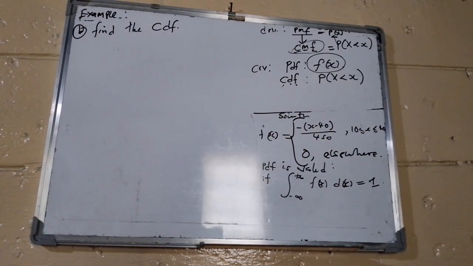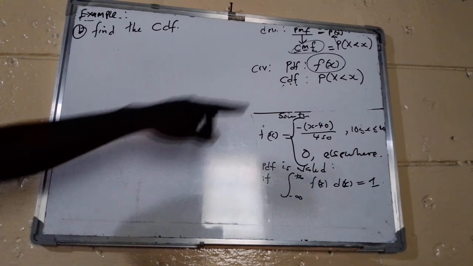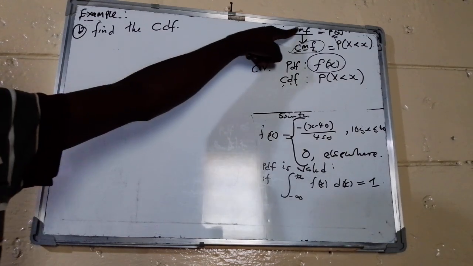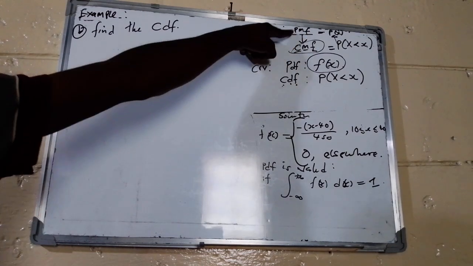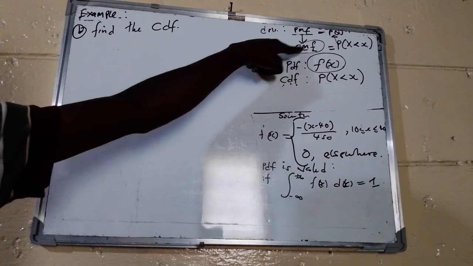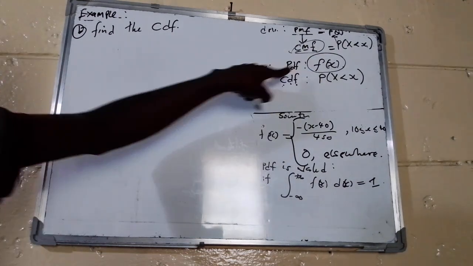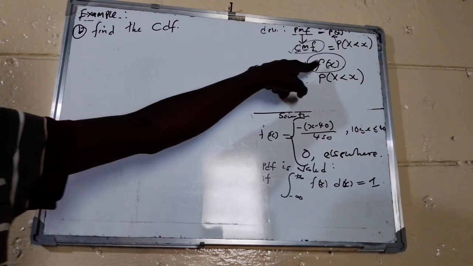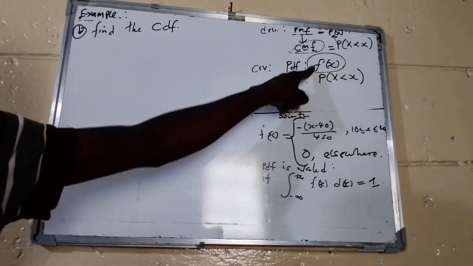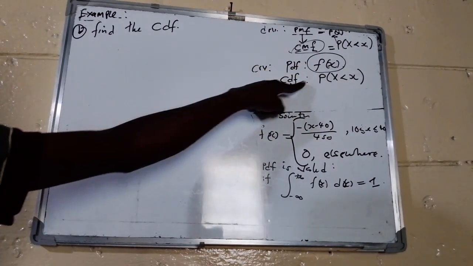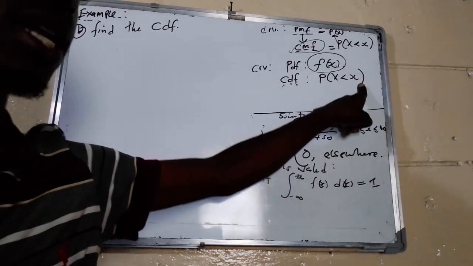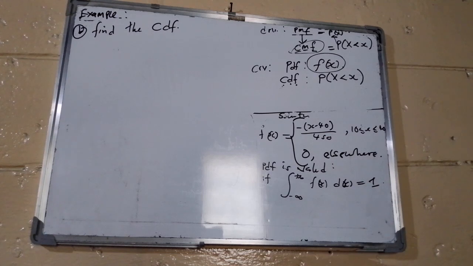The CDF is coming from the PDF. So PMF is in the discrete random variable case, the probability mass function, where we can derive the CMF, the cumulative mass function. When it is a continuous random variable, we have the PDF, where we have the f of x. From the f of x, we are deriving the CDF there, where we are simply saying find the probability of X being less than the x there.